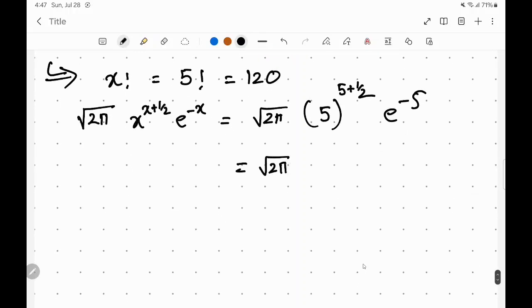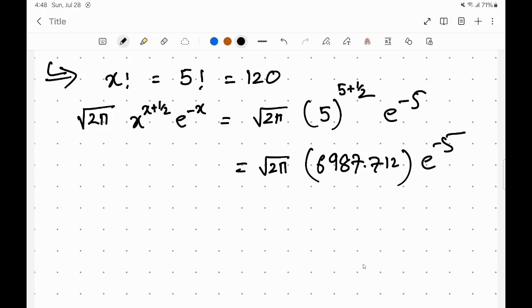This is root over 2 pi, and 5 to the power 5.5 is 6987.712, and e to the power minus 5 is 0.00673.